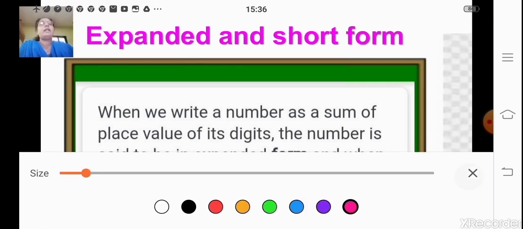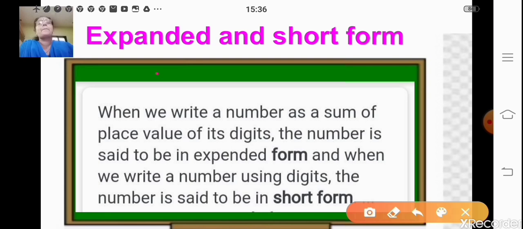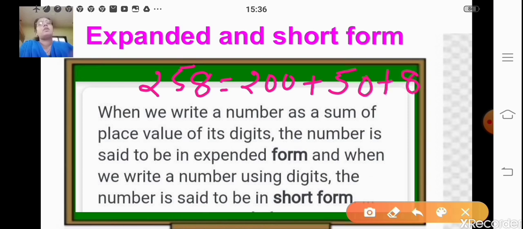Now suppose I take a number 258. If I write the place values of this number, I'll write: 2 is in hundreds place, so 200. 5 is in tens place, so 50. 8 is in ones place, so it is 8. If I write the place values of these digits as a sum, this number is in expanded form.